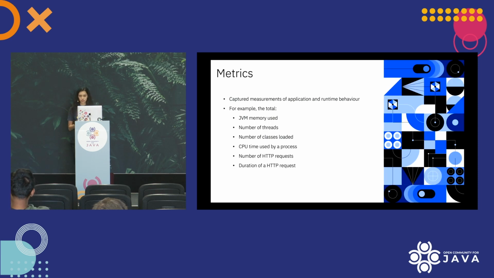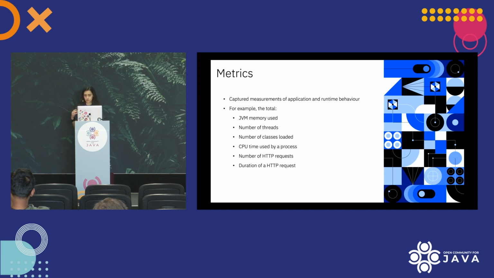Next, we have metrics, which is another way of observing your application. This can be a range of different pieces of data. I've got a little list here, but the list really does go on. You've got the JVM memory used, the number of threads in your JVM, classes loaded, and CPU time used by a process.